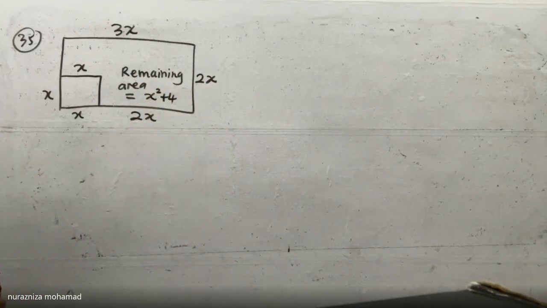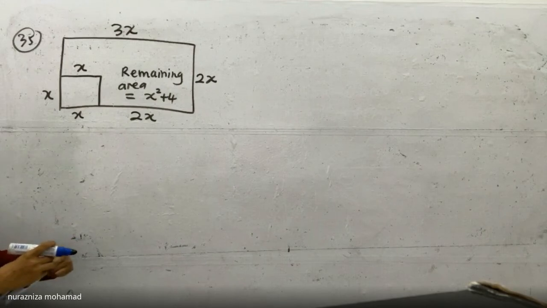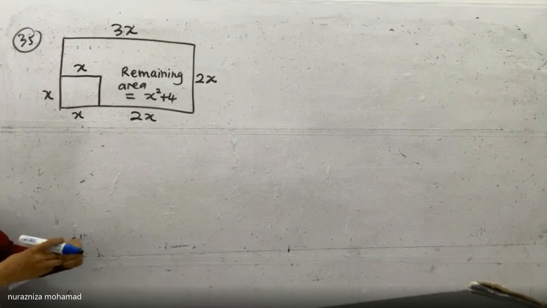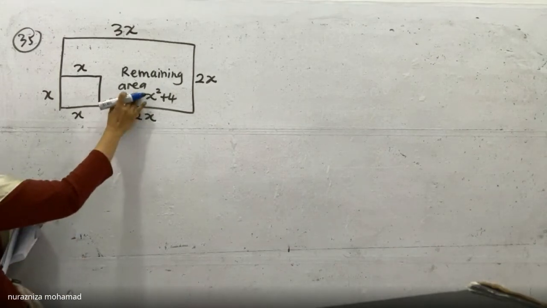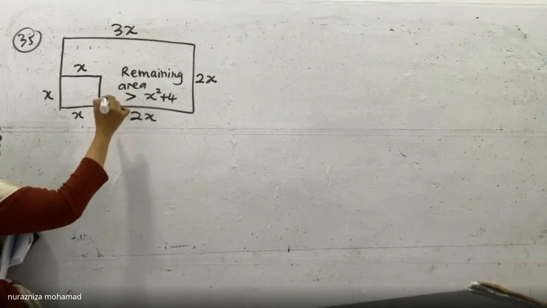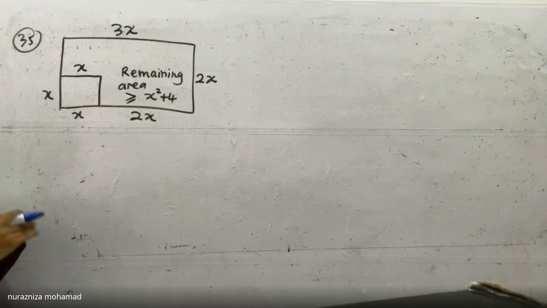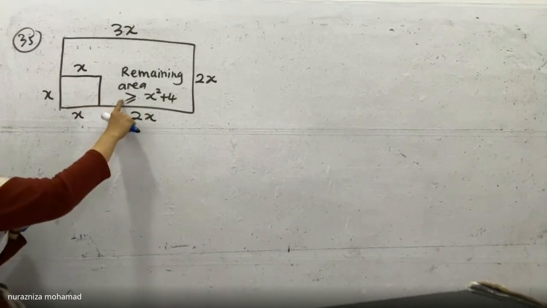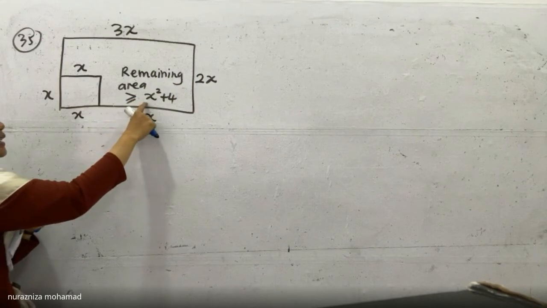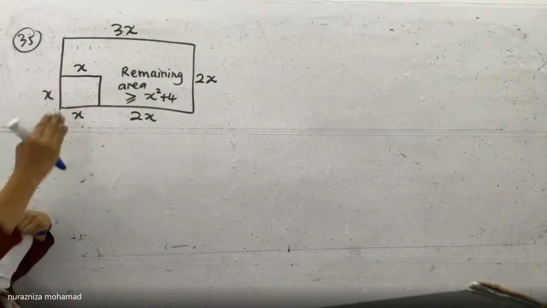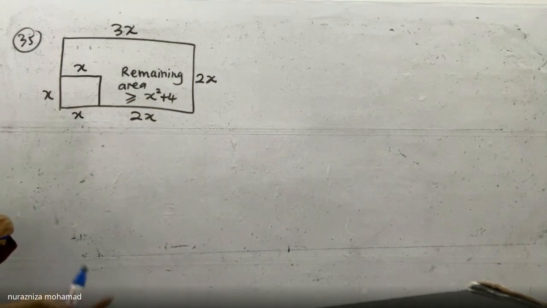Okay, so now we know that it is at least. At least means greater or equal, minimum. Okay, at least means it is equal to x squared plus 4 or more. Okay, so greater or equal.